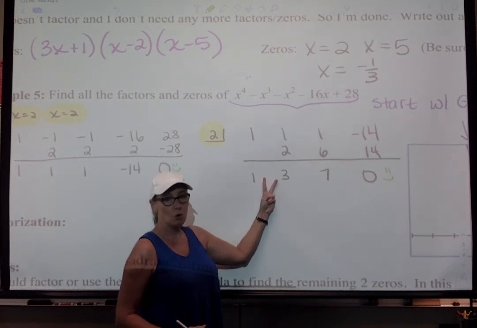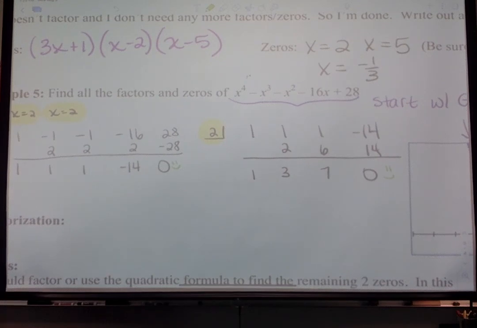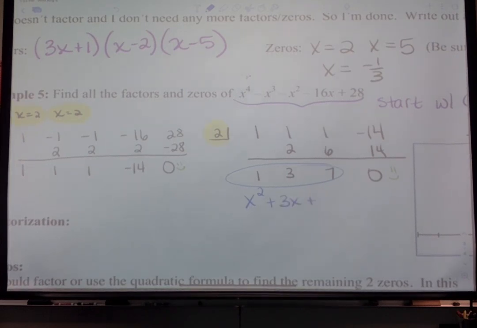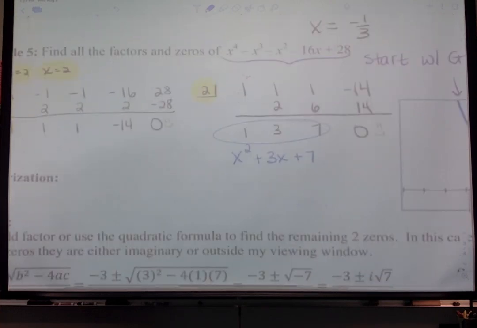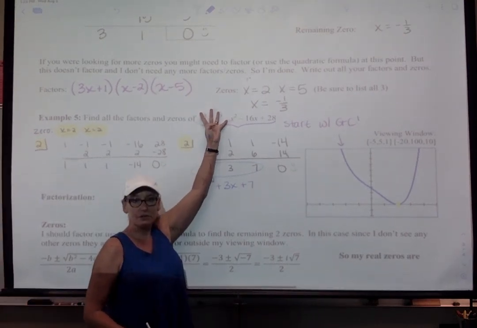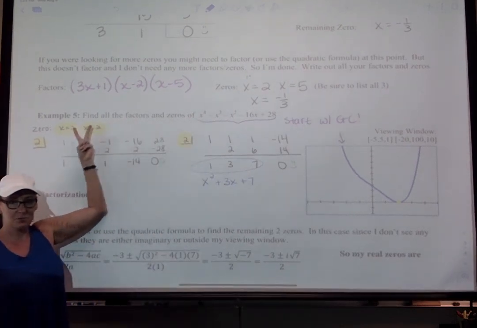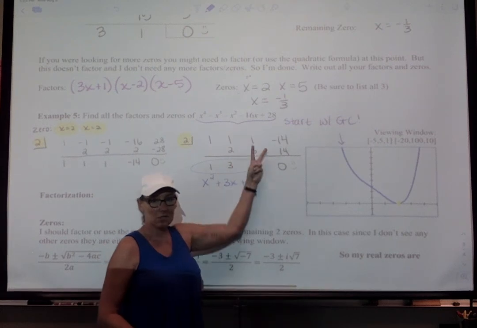I have a quadratic. Y'all are good at these. 1x squared plus 3x plus 7. Okay, keep going. Should have 4 zeros. We've discovered 2 of them. We need the last 2.